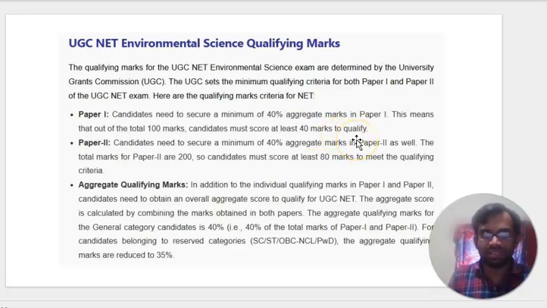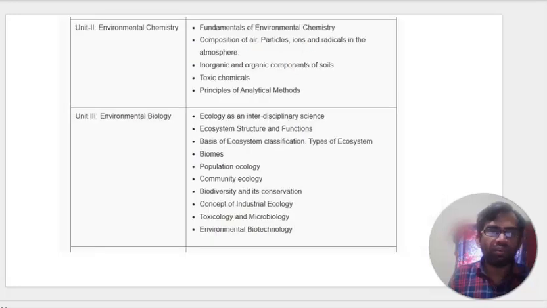In paper 2 the candidate needs to secure a minimum of 40% aggregate, and out of the total 200 marks the candidate must secure at least 80 marks for the qualifying criteria. The reservation categories again include SC, ST and other categories. From there you will understand, and you can find out the qualifying marks.